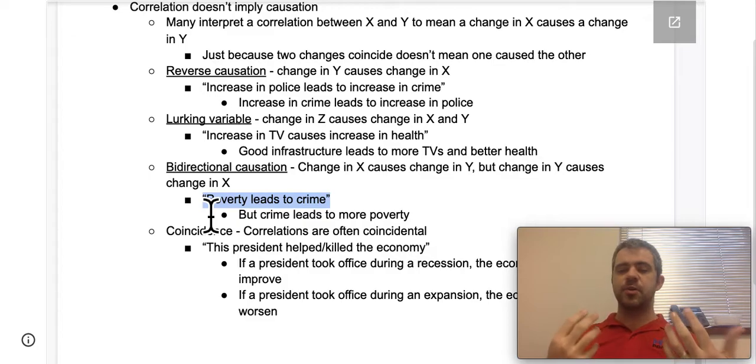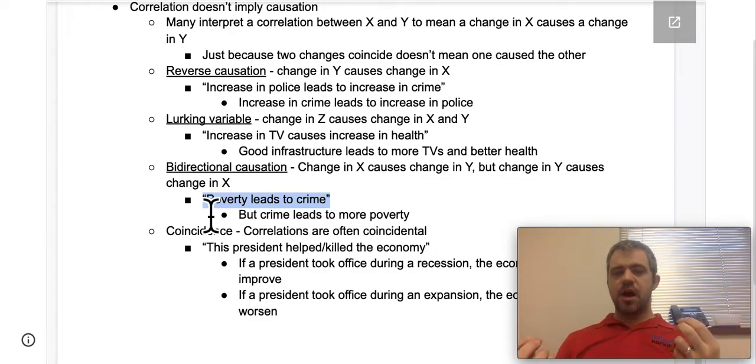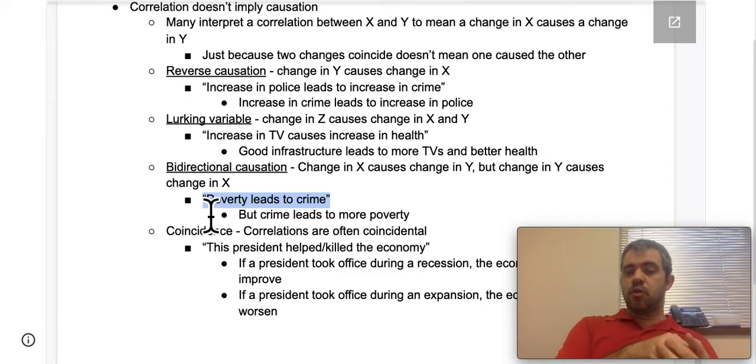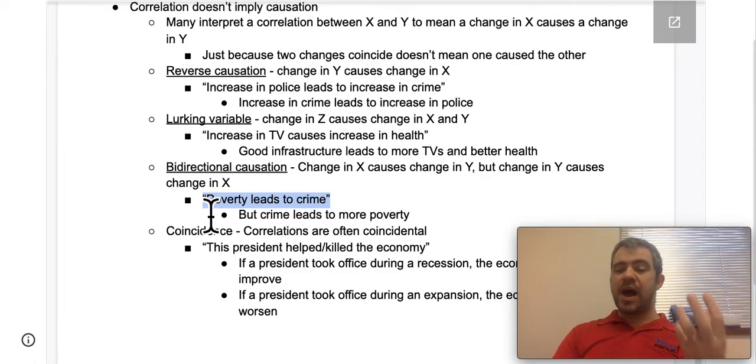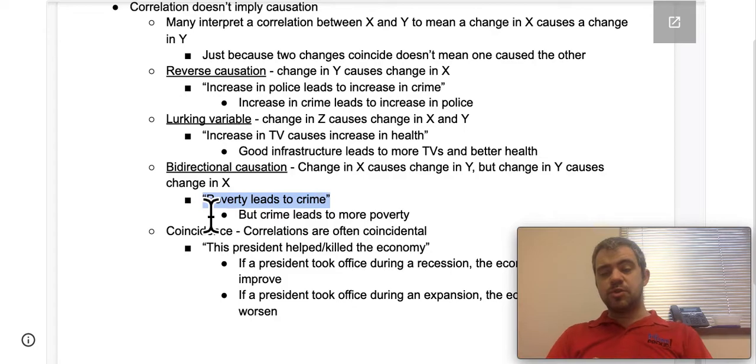If you have a situation where you have poverty, it's going to increase the crime rate in those areas. But we can also say the reverse, that if you have more crime, if you have people going to jail, if you have communities where people are stealing and killing around you, that's going to also lead to poverty. So you have this kind of feedback loop.